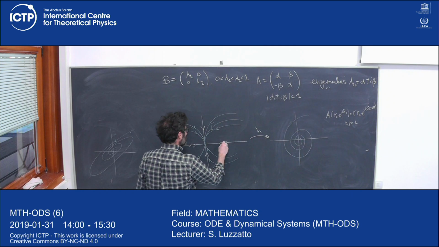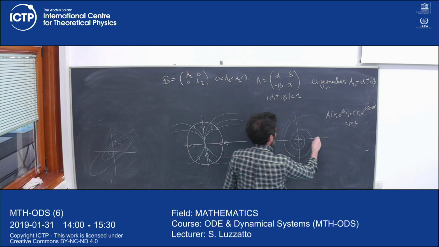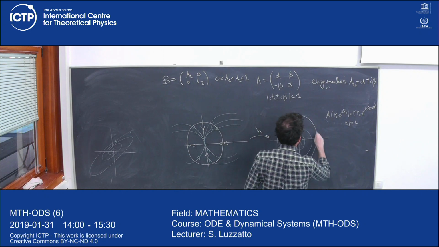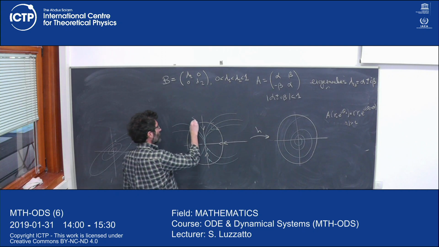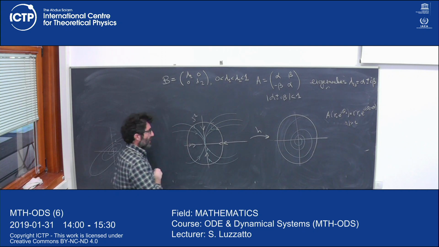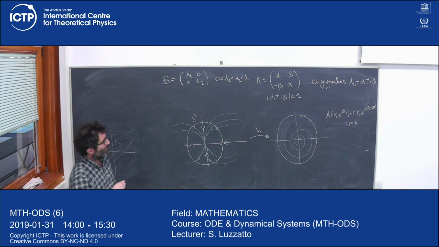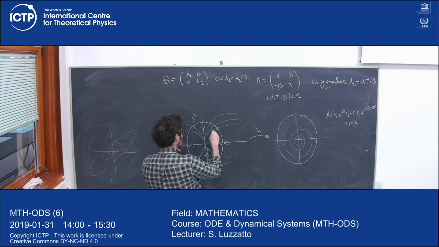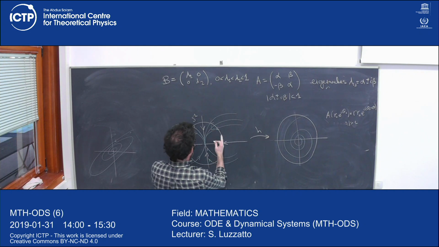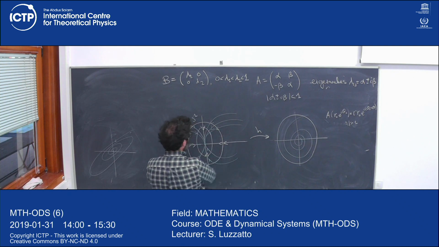So I can take the unit circle here, and I can take the unit circle here. So I can take S1, which is the unit circle, and then I can take the image of S1. So where is the image of S1 going to be? All these points are moving inwards, right? So the image of S1 is going to be, since the contraction is stronger here, something like this.